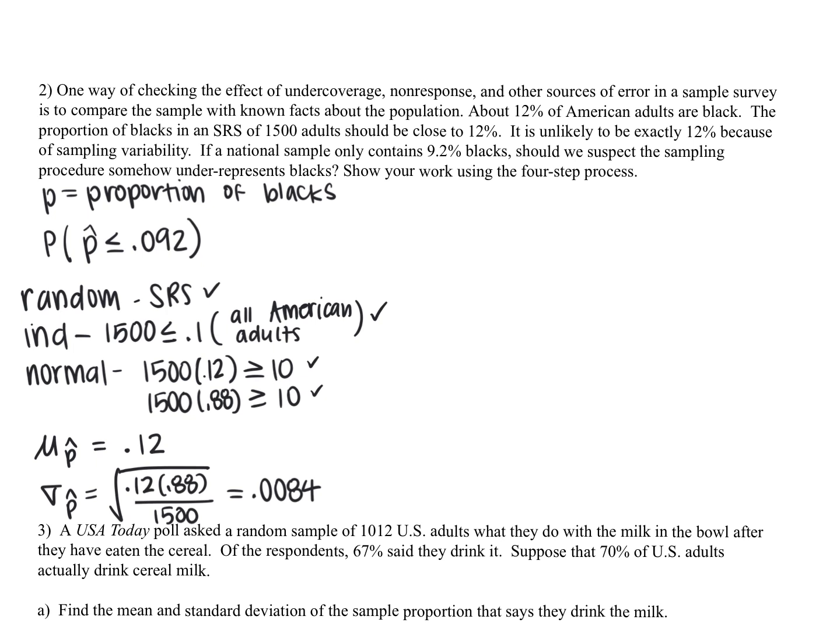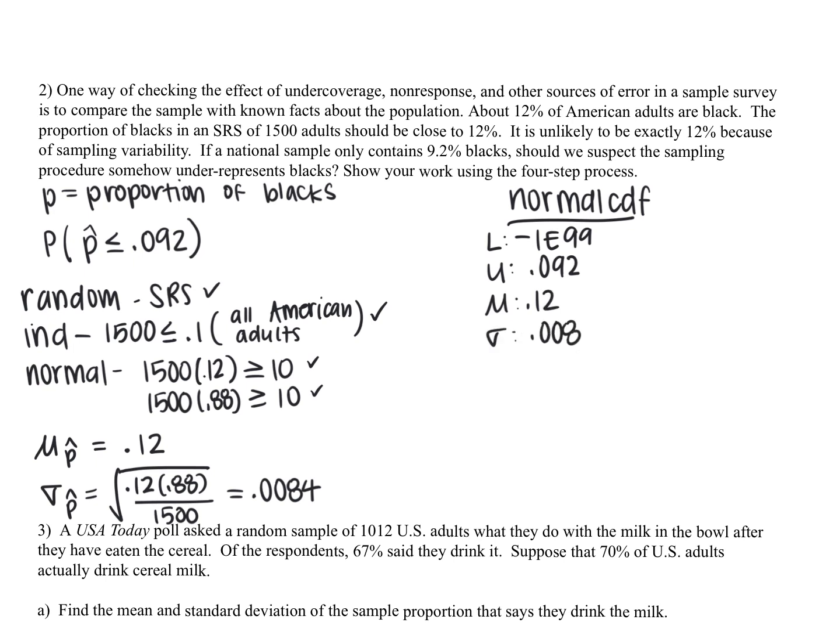Instead of calculating my z-score here, I'm just going to use my 0.092 and my mean and my standard deviation in normal CDF. So for normal CDF, my lower bound is going to be negative 1E99. My upper bound is going to be 0.092. My mean is going to be 0.12. And my standard deviation is going to be 0.0084.